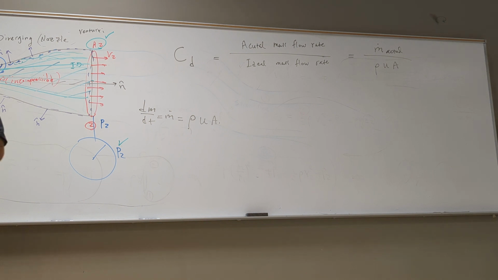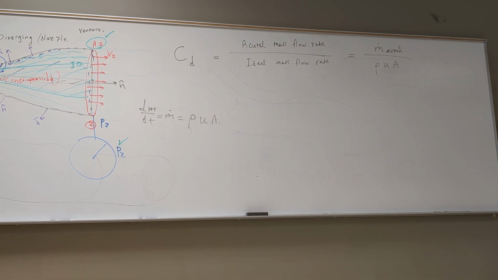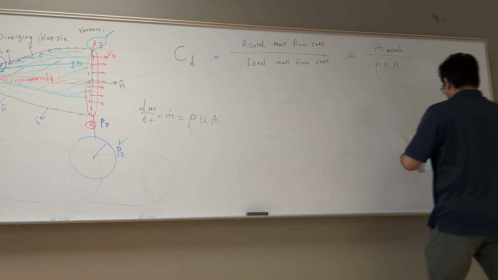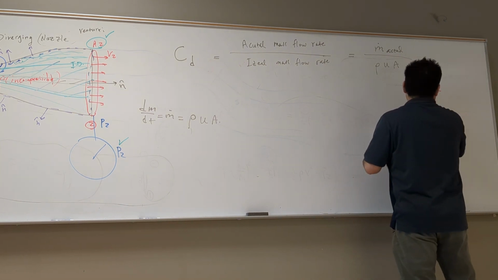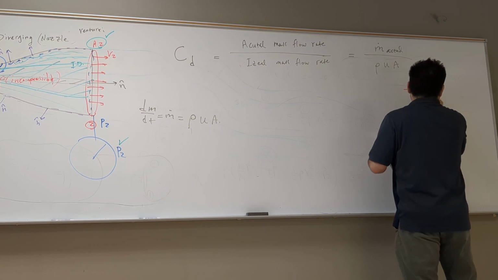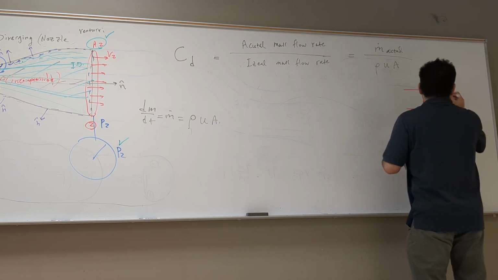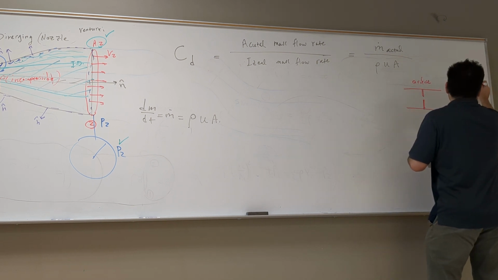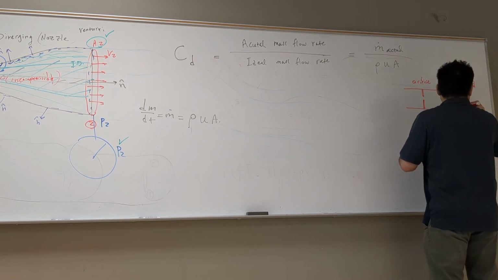So if you go to a table, you can look in your handbook or go online. If you go online, you see that they give you this table. I got this from Wikipedia. So for an orifice, you have CD is equal to 0.61.